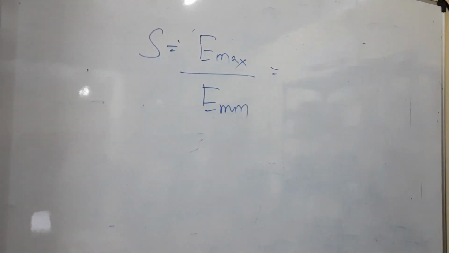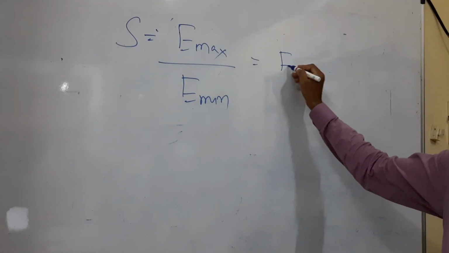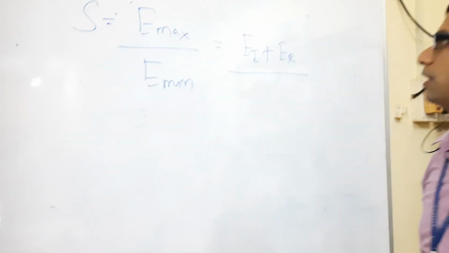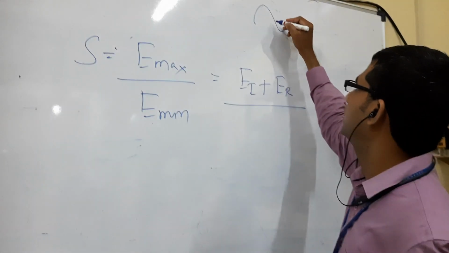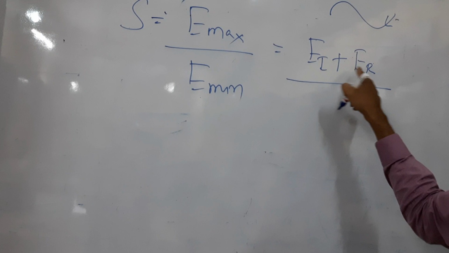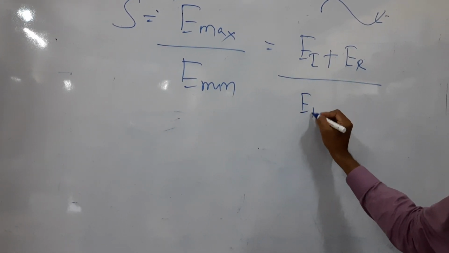This is the incident wave plus the reflected wave. The maximum value is during the interference of the incident wave and the reflected wave. The addition is the E max and the subtraction is the E min.